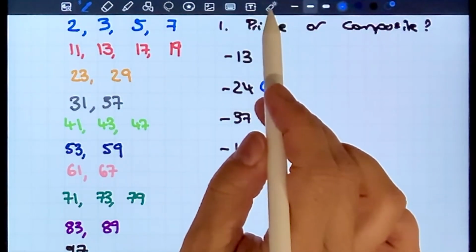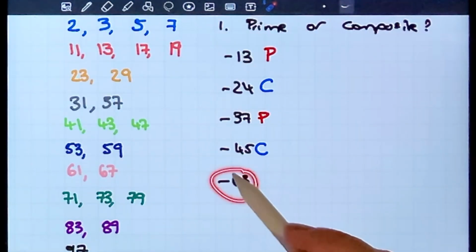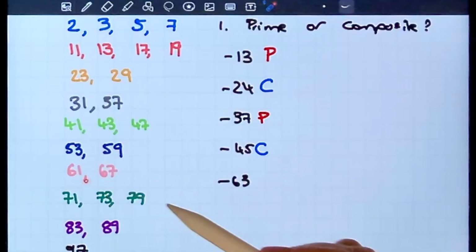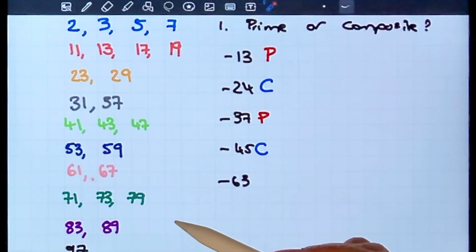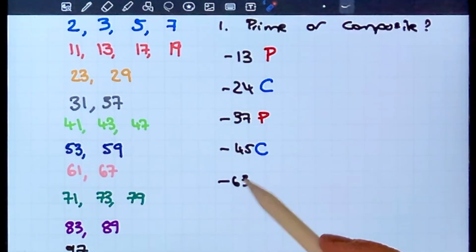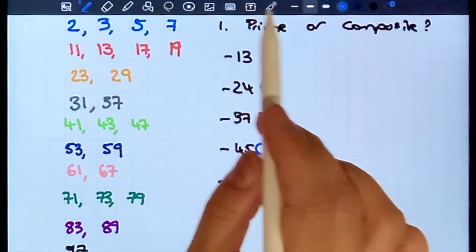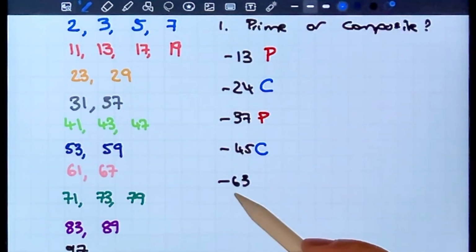And the last one is 63. It's certainly divisible by 3.